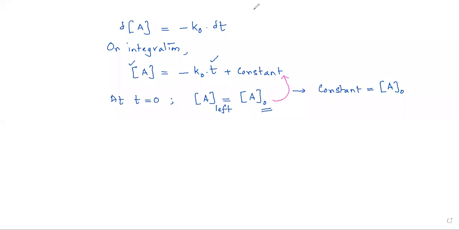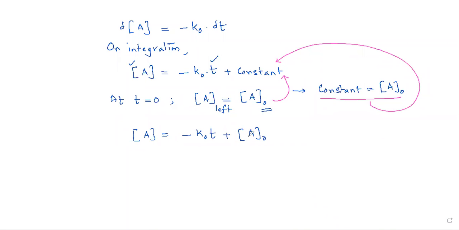Now substituting this value of constant again in the same expression, it can be written as A is equal to minus K0T plus A naught. Considering this condition, we got A as equal to A naught, and then substituting in this expression, we got the constant.